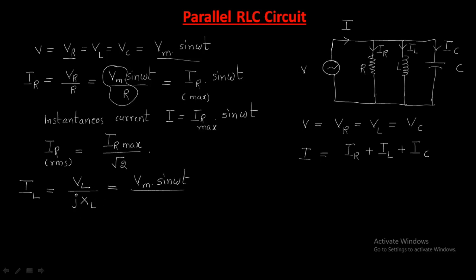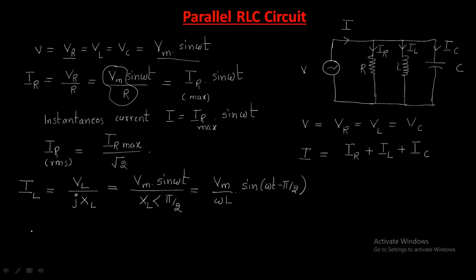If you convert into polar form, that is XL at an angle of pi by 2. So by modifying this we will get Vm by XL, take it as omega L, no problem, and sin omega t minus pi by 2.